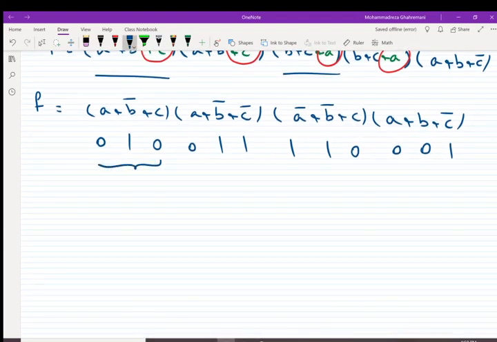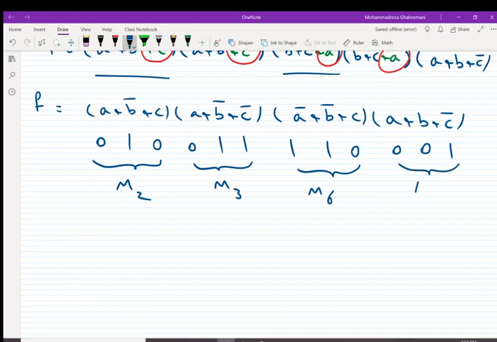So this one is maxterm number 2, this one is maxterm number 3, this one is maxterm number 6, and this one is maxterm number 1. So we can say this function is the product of maxterms 1, 2, 3, and 6.